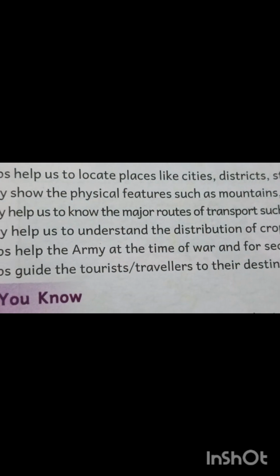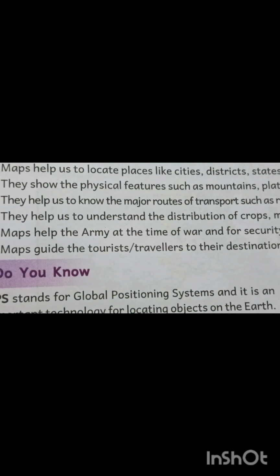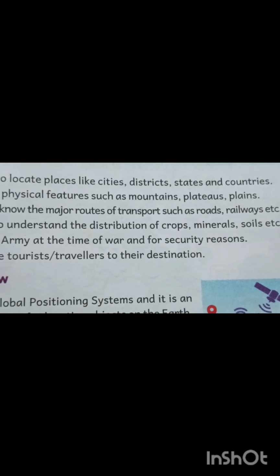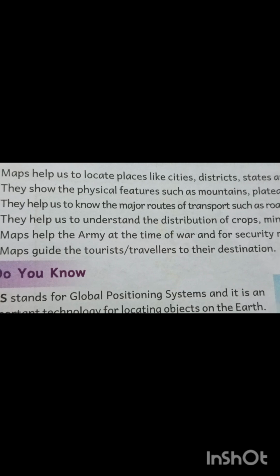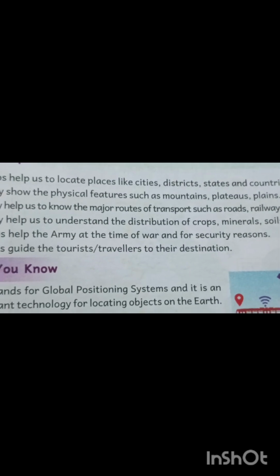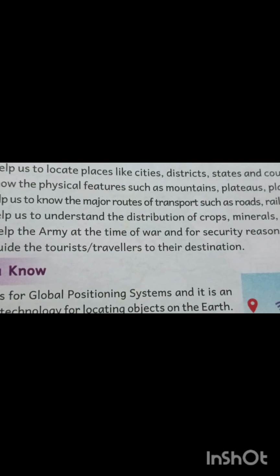The second important use of maps is that they show the physical features such as mountains, plateaus, plains, etc. Third, they help us to know the major routes of transport such as roads, railways, etc. They help us to understand the distribution of crops, minerals, soils, etc. Maps help the army at the time of wars and for security reasons.